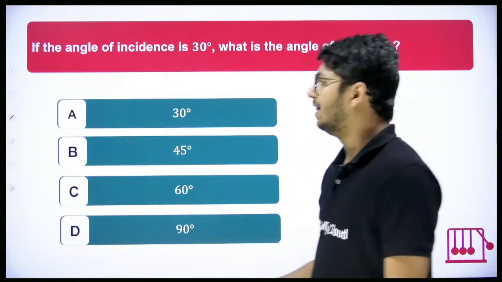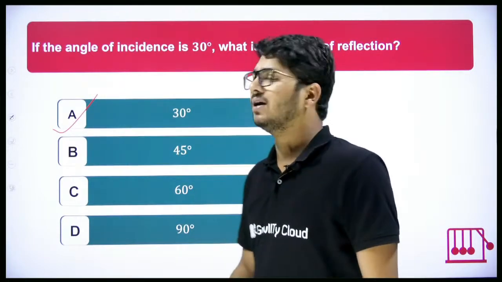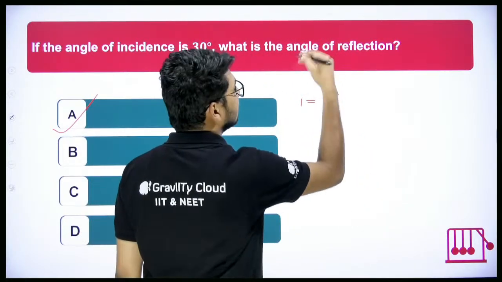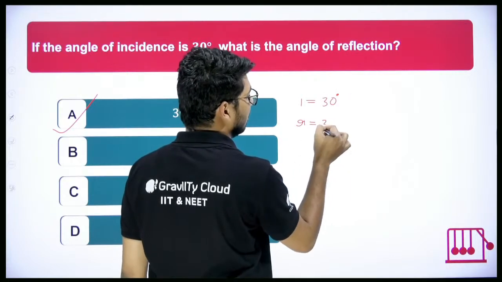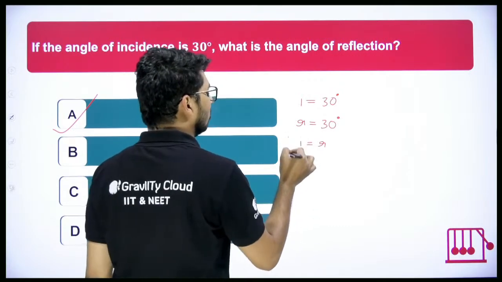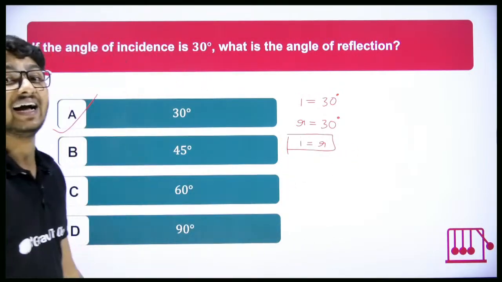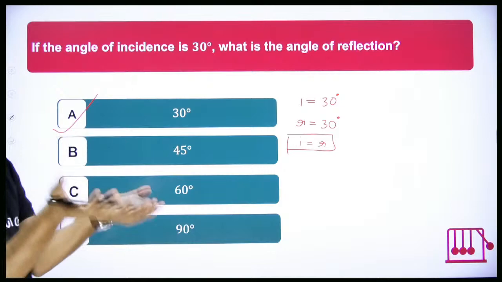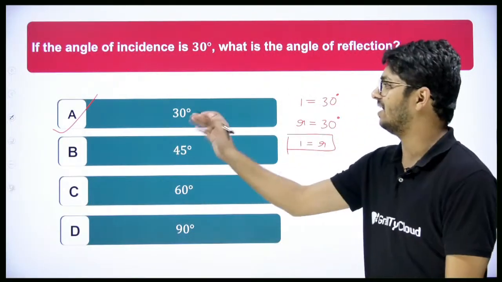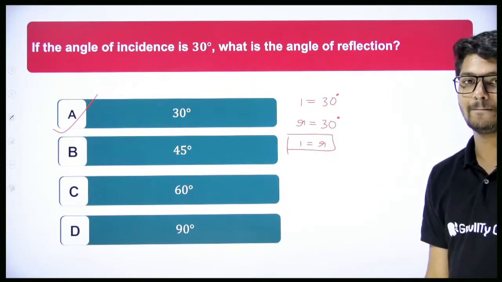The answer is 30 degrees itself. Why? Because the given information is I is equal to 30 degrees. According to the laws of reflection, I is equal to R. Both of them are equal. That is the reason why R is also 30 degrees.